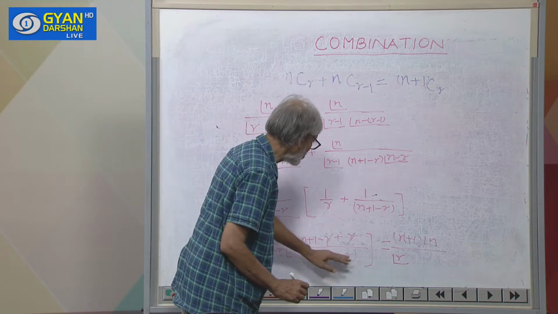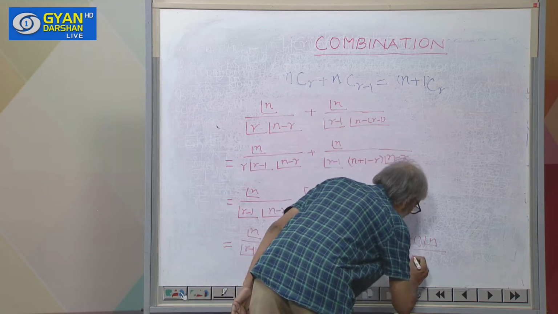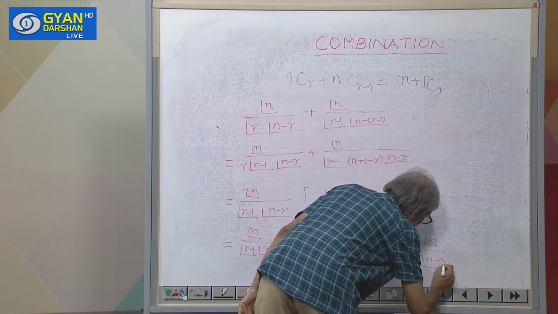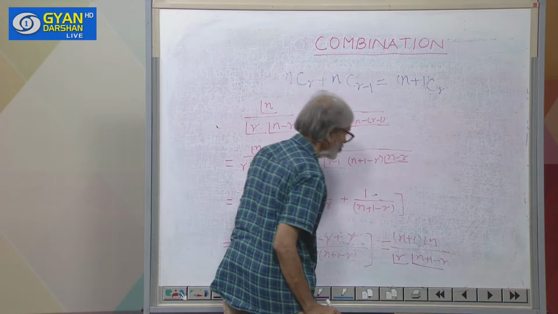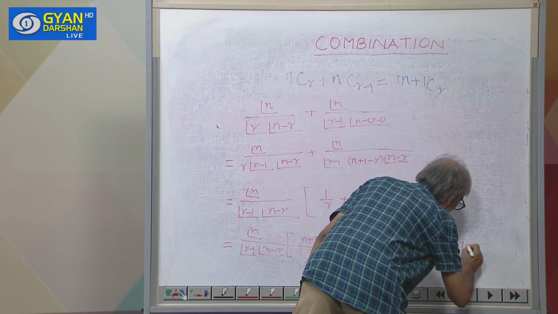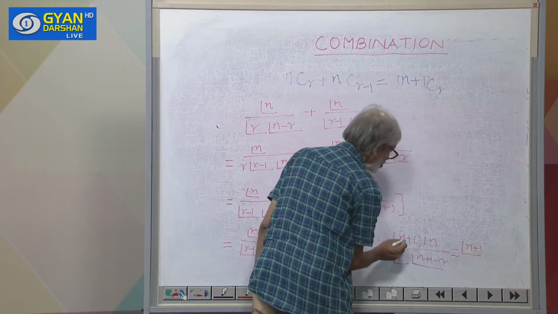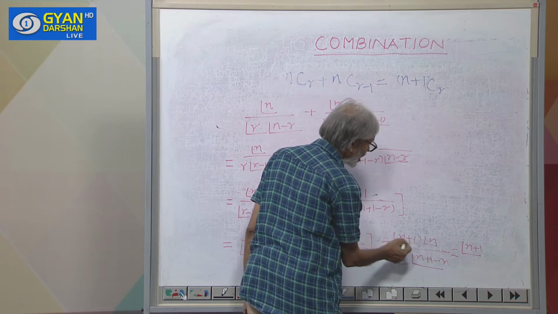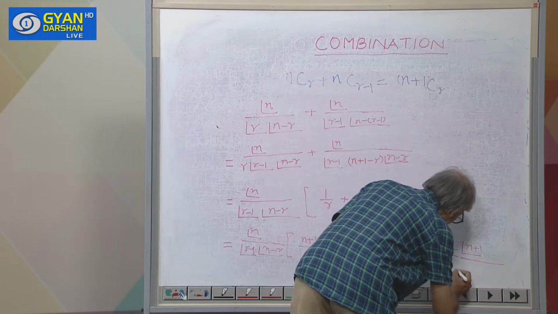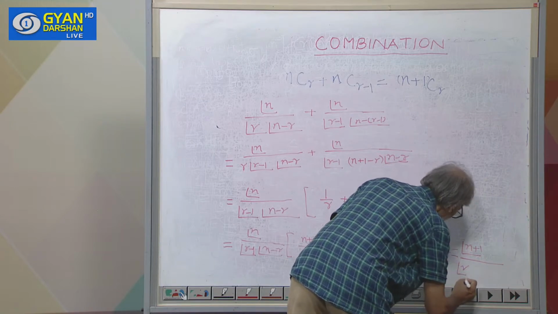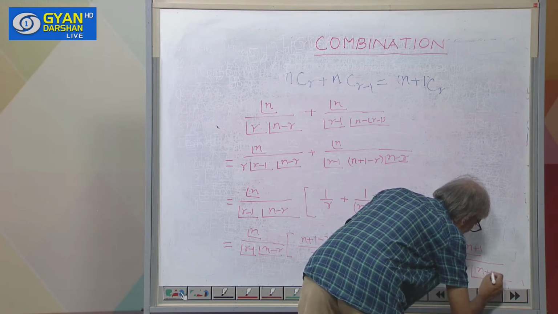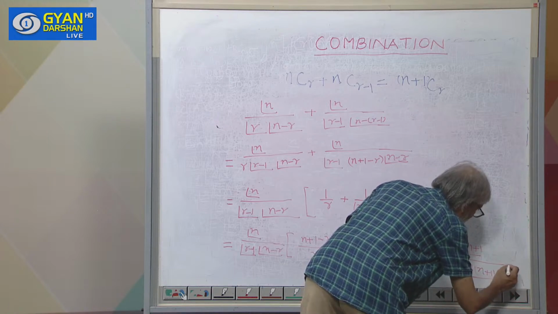So, this will become factorial n plus 1 minus r. And this will be equal to factorial n plus 1, because n plus 1 multiplied by factorial n will become factorial n plus 1, divided by factorial r into factorial n plus 1 minus r.